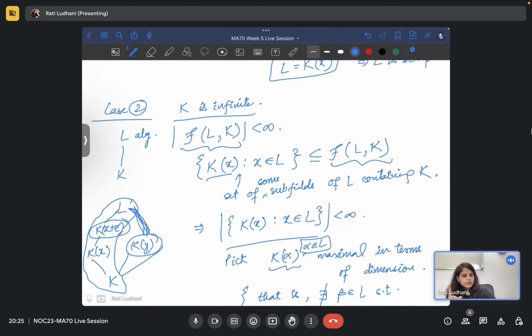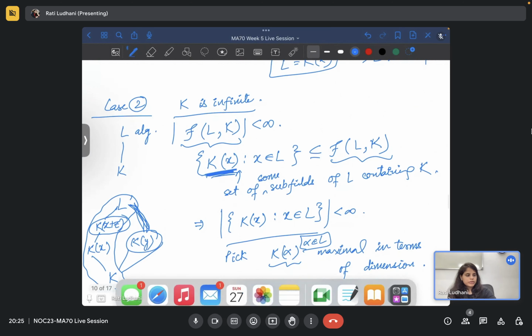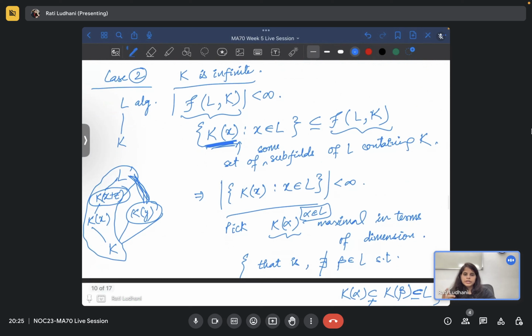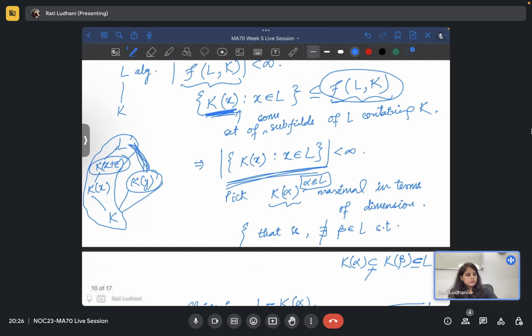Then we considered simple subfields, like we take K(x) where x belongs to L. Then these are all subfields of L which contain K. So this set should be finite, because we know that the intermediate fields are just finitely many. Now what we can do is take a maximal one in some chain.